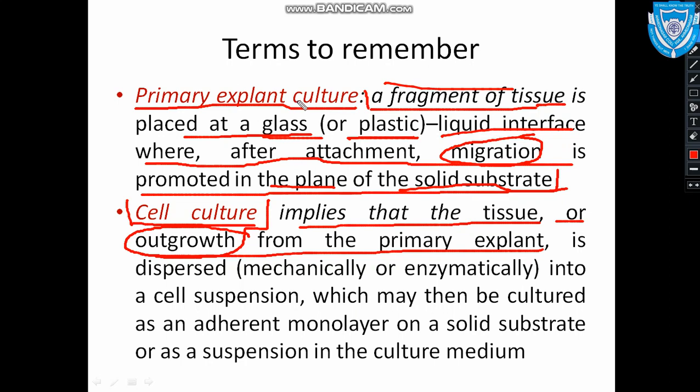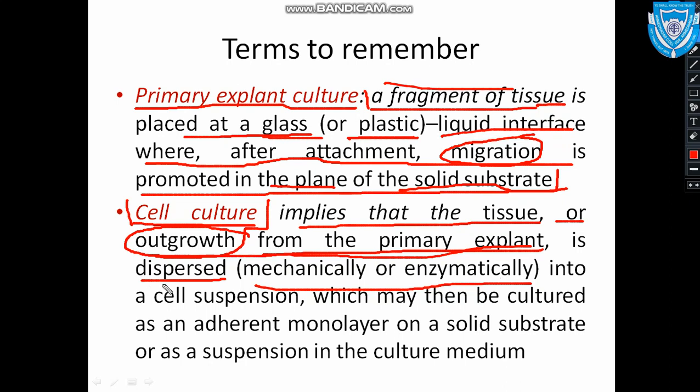The primary explant culture means the fragment of tissue that we take for the first time from an organism, and the cell culture means after the growth, after the migration, when the cells migrate on the solid substrate or on the plastic, and after the outgrowth of these cells from the primary explant, they are dispersed mechanically or enzymatically.